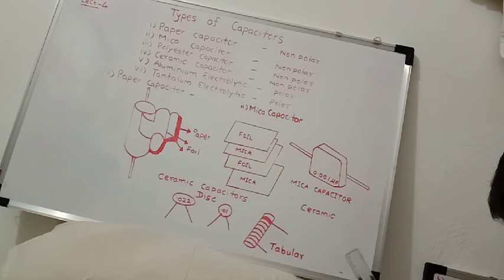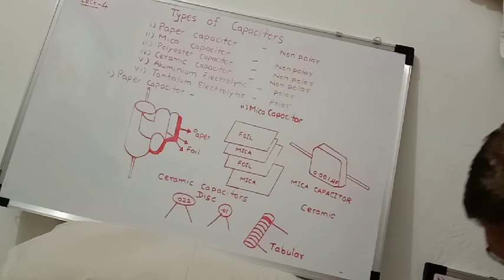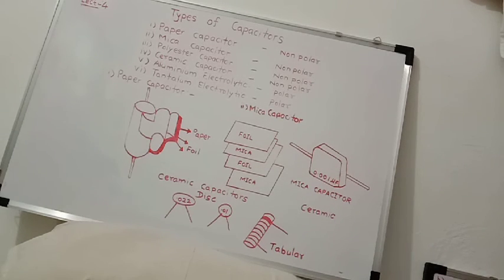Normally, electrolytic capacitors are used in AC circuits, or in DC circuits to start an induction motor. In DC circuits, they are used as filters in rectifier circuits. The speciality is higher values of capacitance, but they have high cost, and these are polar capacitors.